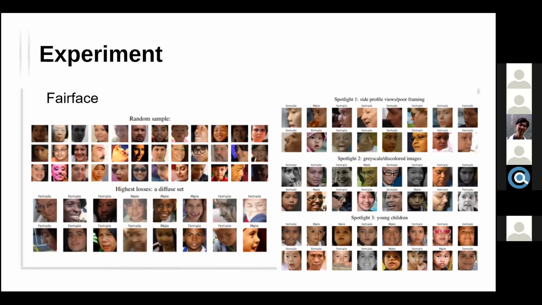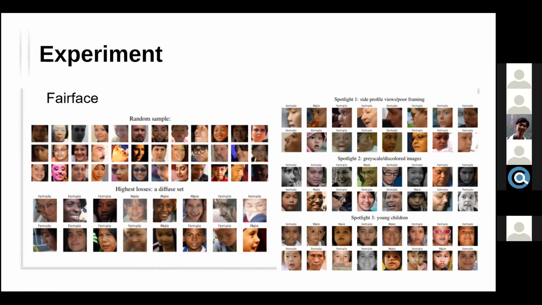On the left, they present some random samples of the data, and then they highlight some samples with the highest losses. Based on our human interpretation, we cannot see the similarity between those high loss images. But on the right are their results.